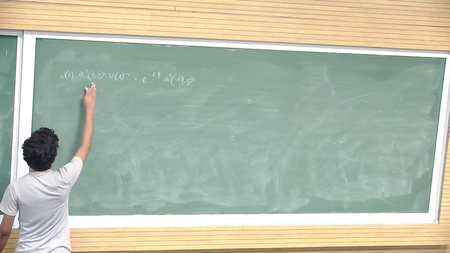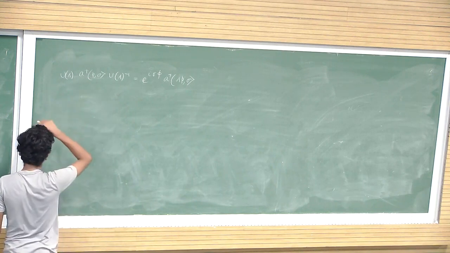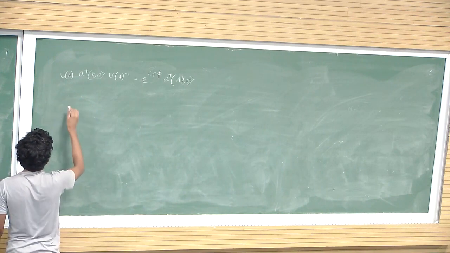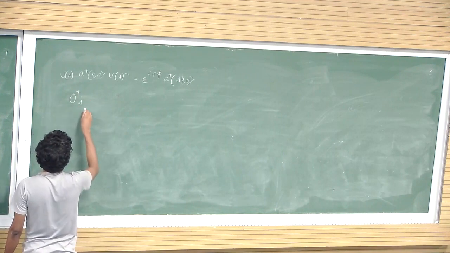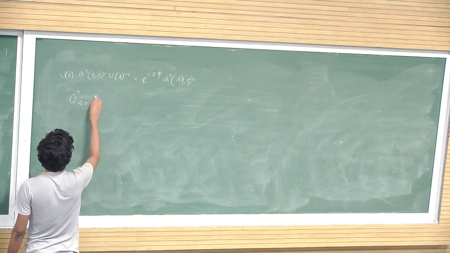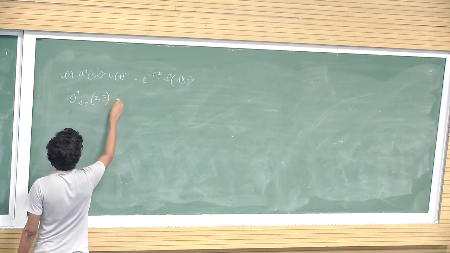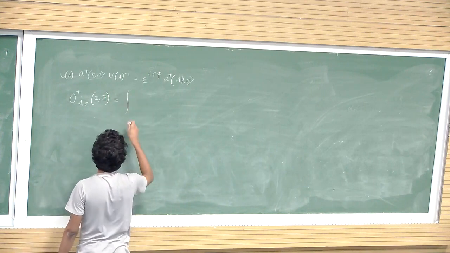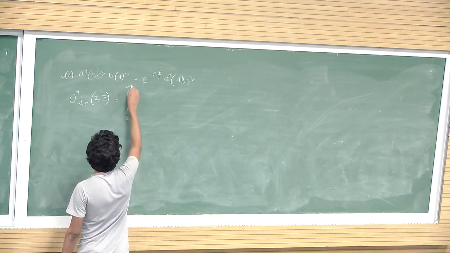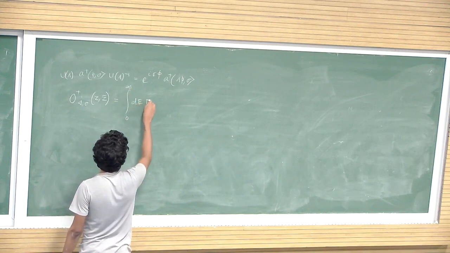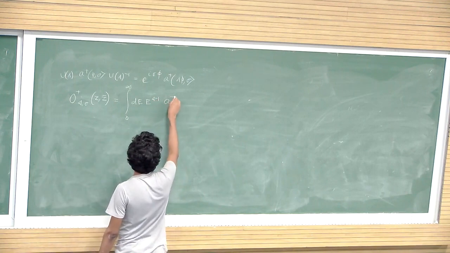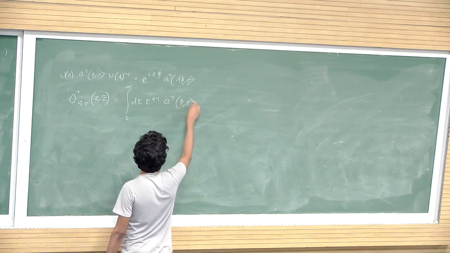Now you can similarly Mellin transform this creation operator, and you call it o dagger delta comma sigma z z bar. I am not writing the normalization factor. So this will be the integral from 0 to infinity dE e to the delta minus 1, and then a dagger p comma sigma.